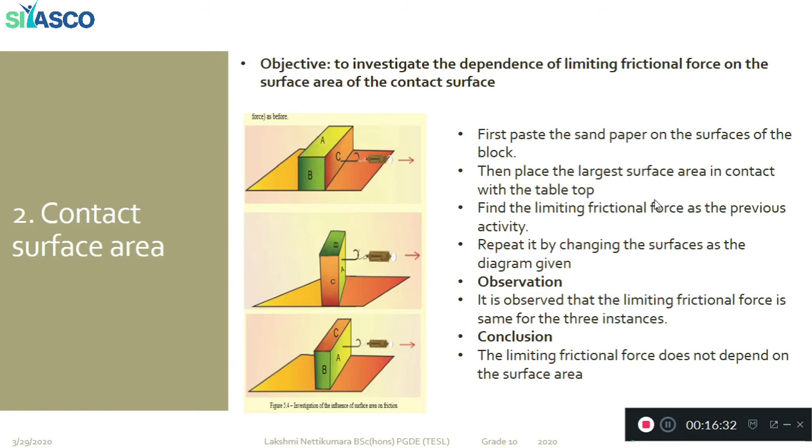For that also you have to take a wooden block having different dimensions for length, width and height. Take a sandpaper and cover the whole thing using the same, having a similar roughness, and then mark the surfaces as A, B, C, where A has the highest area while B has the least surface area.